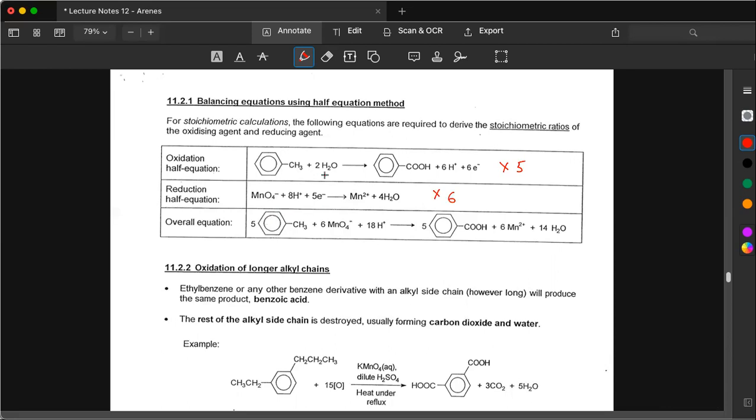And the water should be 10, but here becomes 24. 24 minus 10 gives you 14 over here. Then here is 6 because of the 6 here. Then here is 18, because by right 8 times 6 is 48, but you have another 30 here. So 48 minus 30 gives you back 18. Here 5. Then here 6 and 14 as mentioned just now.